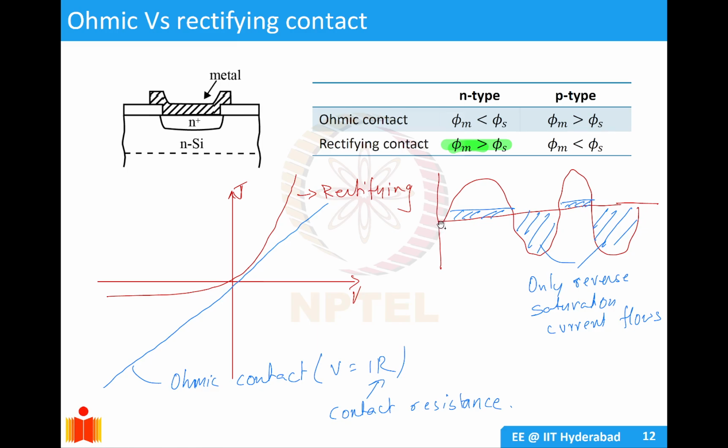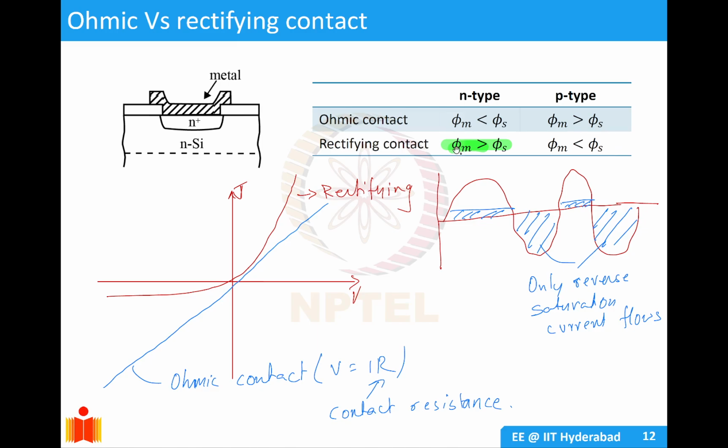If I give an AC current which is positive for some time, negative for some time, you will see that in one direction I will have a huge amount of current, in the other direction I will not have any current. So I will only have a current response in one direction, not in the other direction.